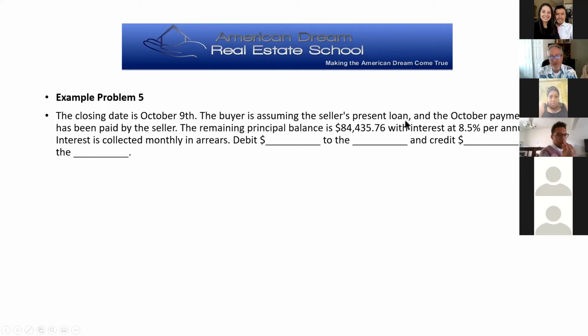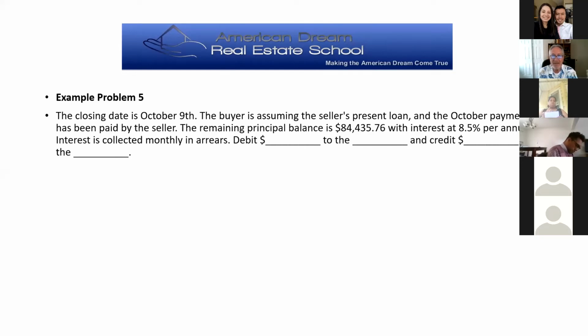What I want to help you with, Charlene, is to always remember those two items are constant on this exam. When you're doing prorations, they're constant. Whenever you're dealing with an interest question on a credit and debit for a mortgage loan, it's always going to be a debit to the seller and a credit to the buyer.